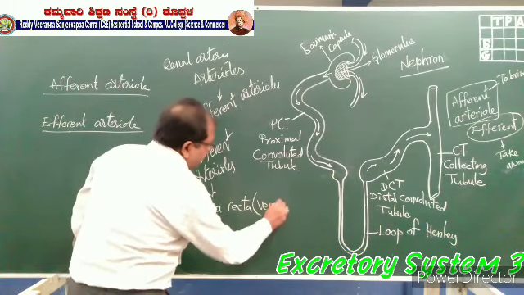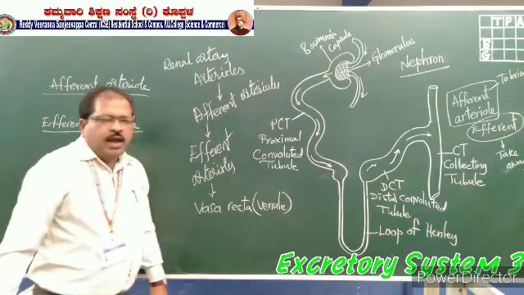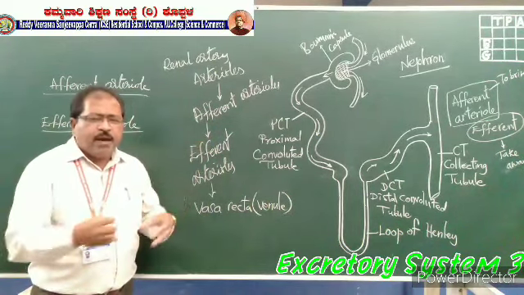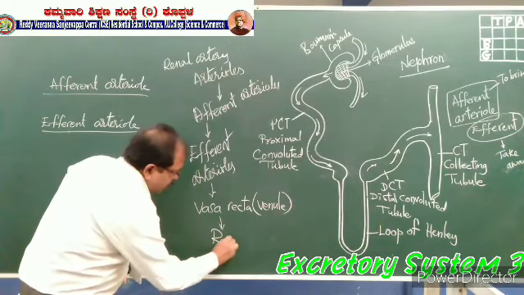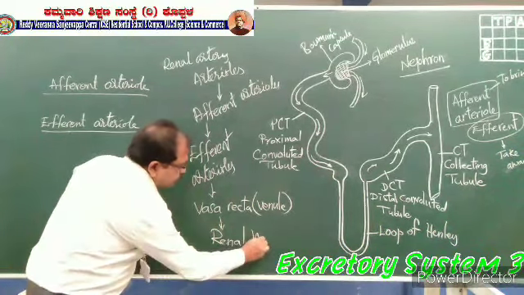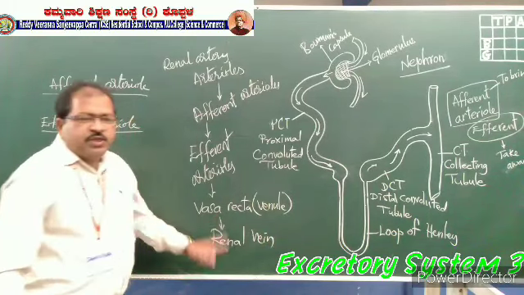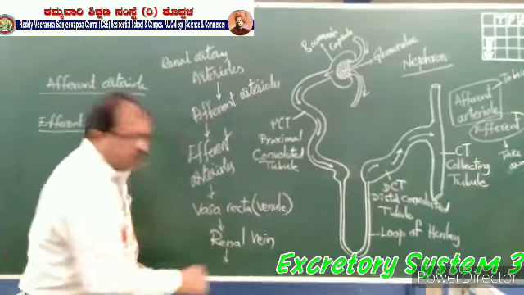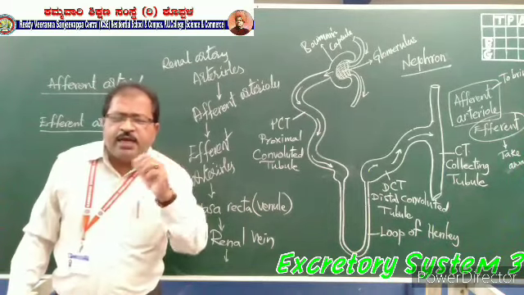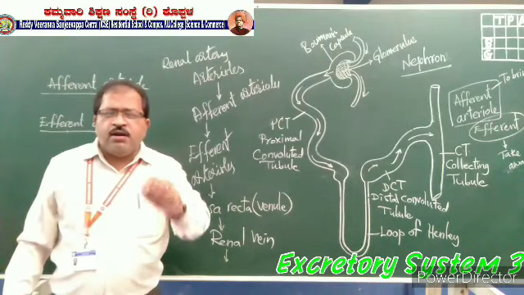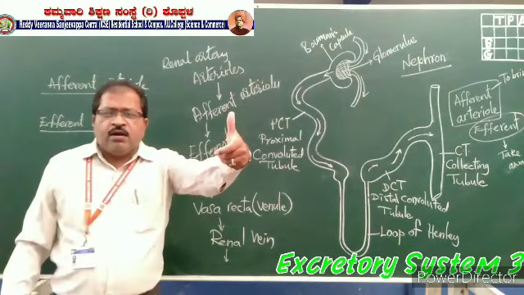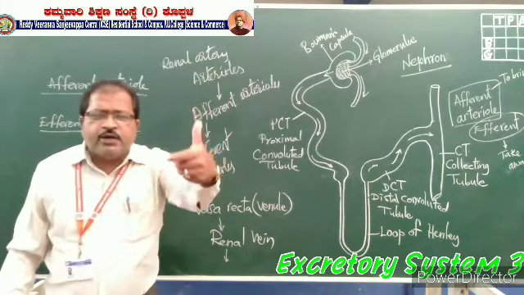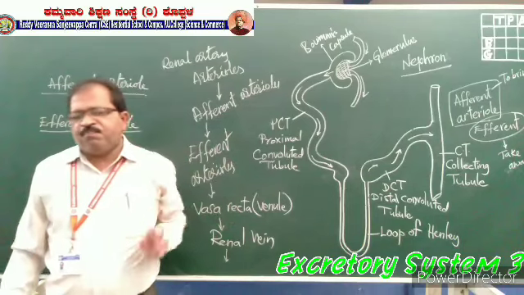And this venule again merges together to form the renal vein. And this renal vein will take the blood and pour it into the inferior vena cava.